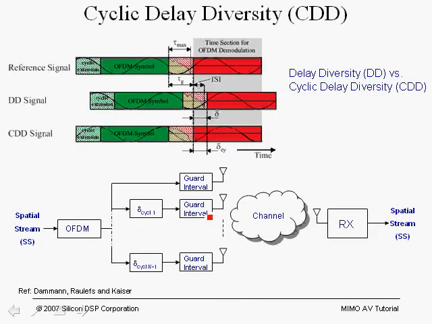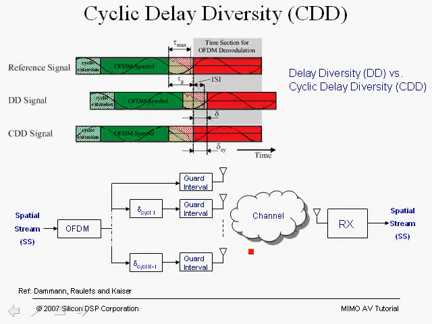Now, it turns out that CDD can be used effectively for the whole packet in legacy 802.11a systems. So, even in an 11n system with CDD, we can operate legacy systems with better performance and greater range, exploiting CDD even with the legacy packets.